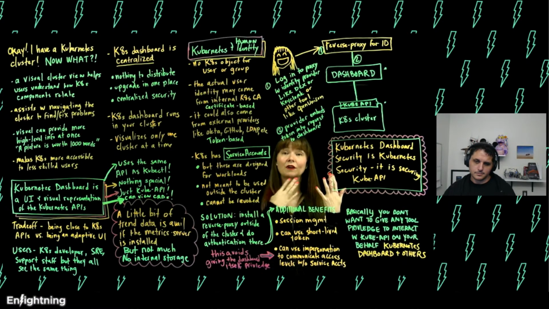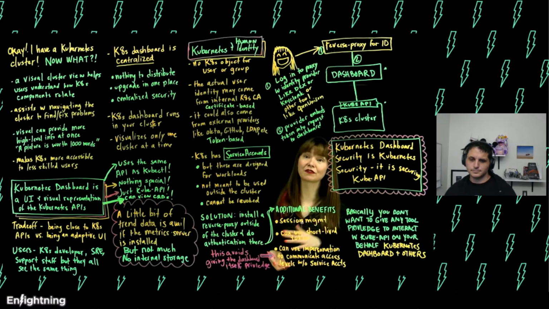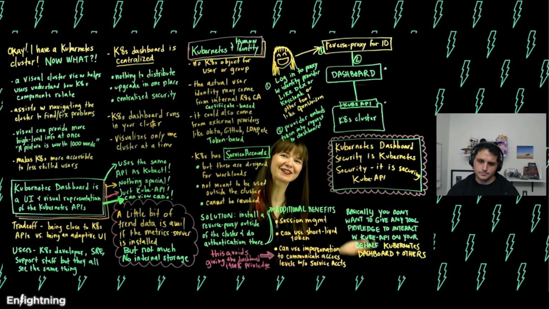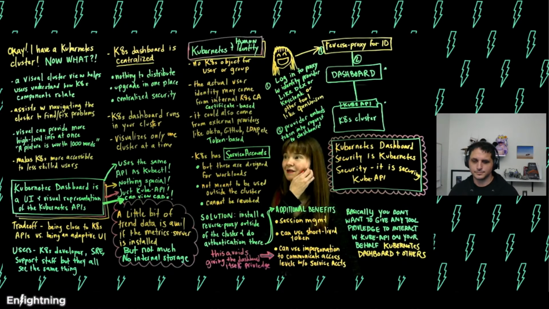It's good for beginners, especially if they don't have a good mental model yet, but it's also really good for experts because a picture's worth 1,000 words sometimes to really quickly see a status on something. So the dashboard's good for navigating a cluster to find and fix problems in the short term.